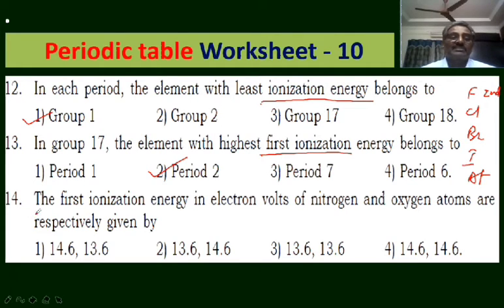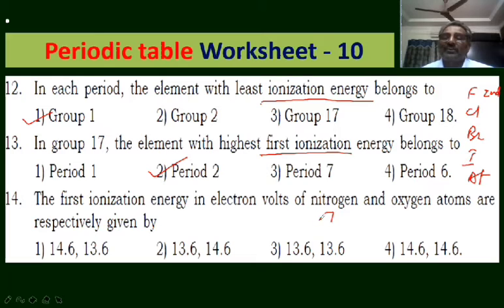Next, 14th question. The first ionization energy in electron volts of nitrogen and oxygen atoms are respectively given by dash. Actually, we don't know the values of ionization energies of nitrogen and oxygen atoms. Nitrogen and oxygen belong to the same period. Atomic number of nitrogen is 7.